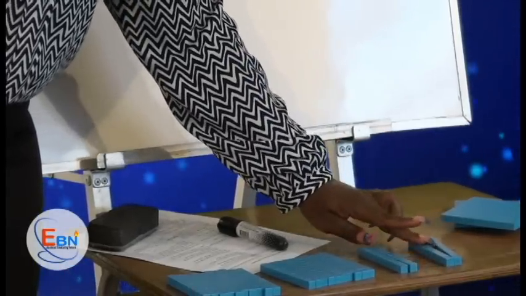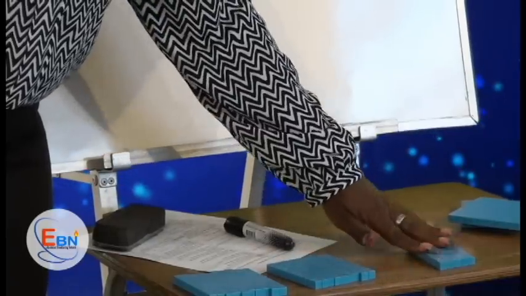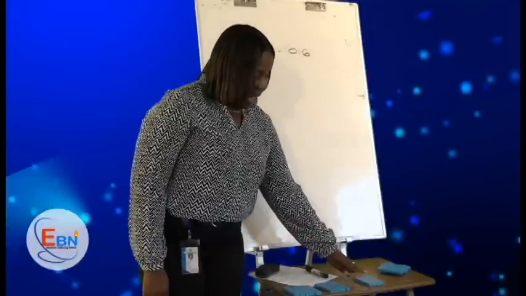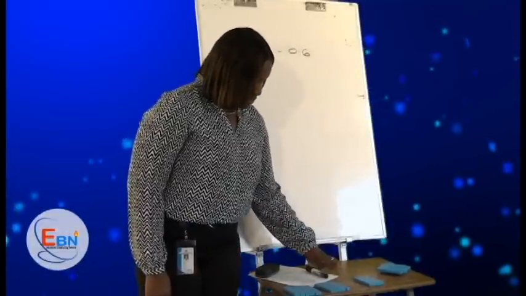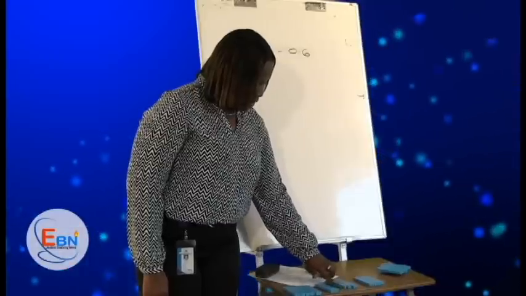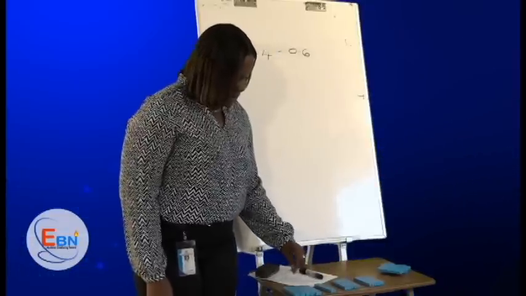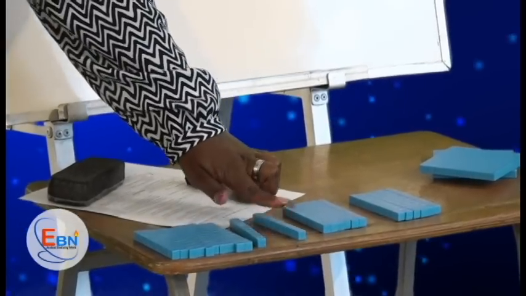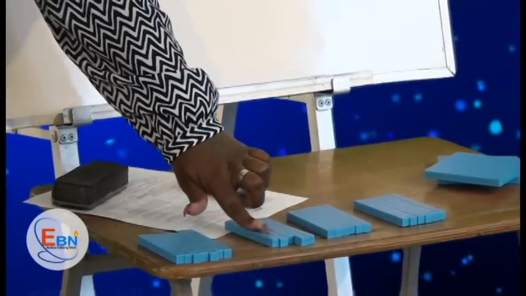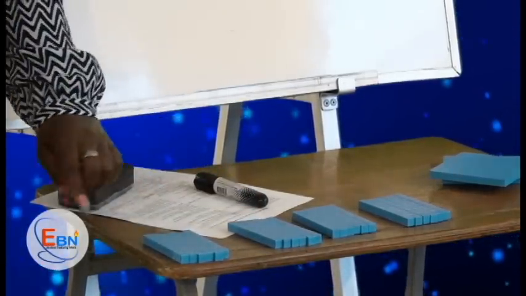1, 2, 3, 4, 5, 6. So here we have one group of 6/10. Another group of 6/10. That's another group of 6/10.